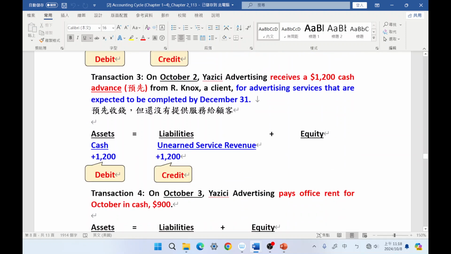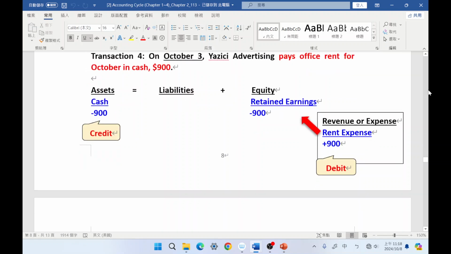How about transaction 3? Did you find out? One debit, one credit. Debit equal to credit, okay? Transaction 4. One debit, one credit.